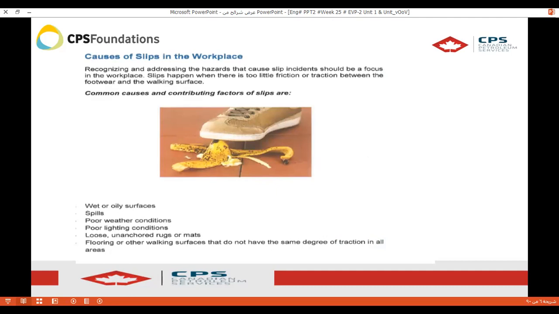Common causes and contributing factors of slips are wet or oily surfaces, spills, poor weather conditions, poor lighting conditions, loose, unanchored rugs or mats, flooring or other walking surfaces that don't have the same degree of traction in all areas.